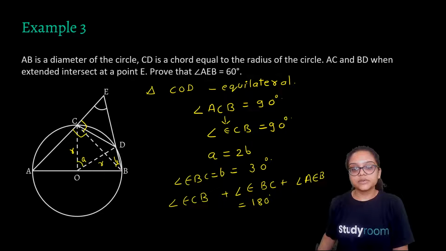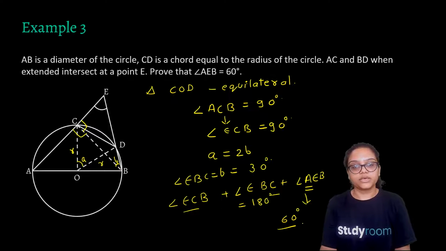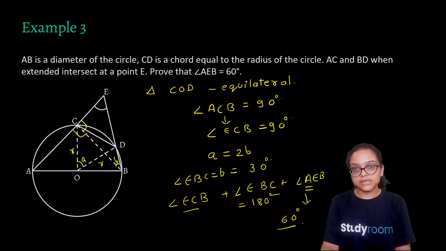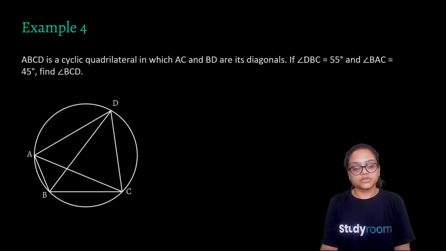Correct? Just replace 90 here, 30 here. So what will you get? AEB would be equal to 60 degrees. Hence proved. Correct? Okay, so I hope the solution is clear to you. If not, just look at how we have derived the conclusion. Correct? Okay. Now, next question.